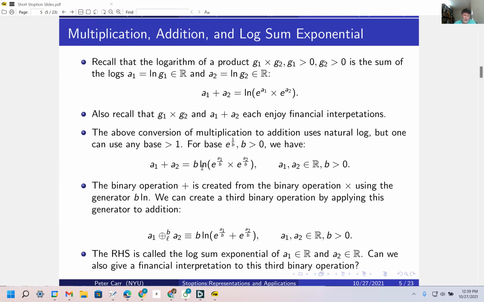The natural log is base e, and if you just multiply that base e log by a positive quantity b, then you still are converting multiplication to addition.